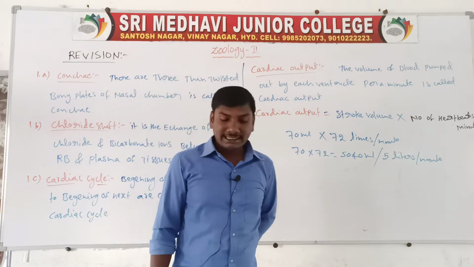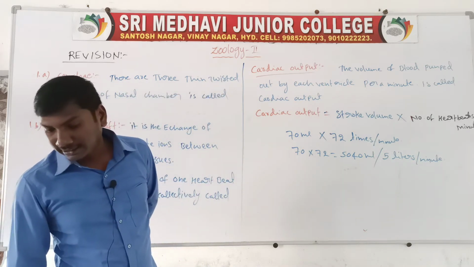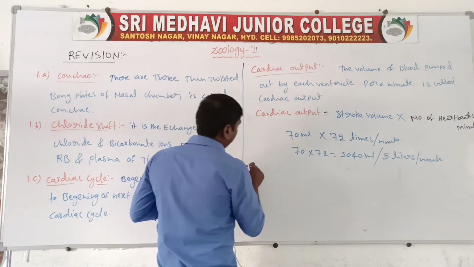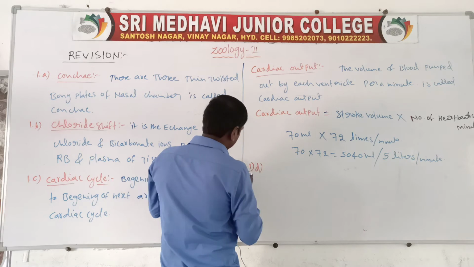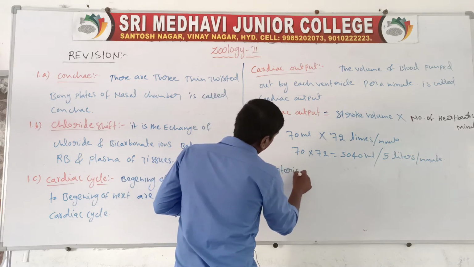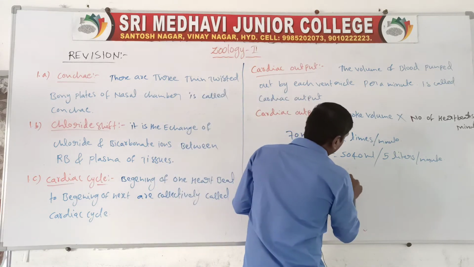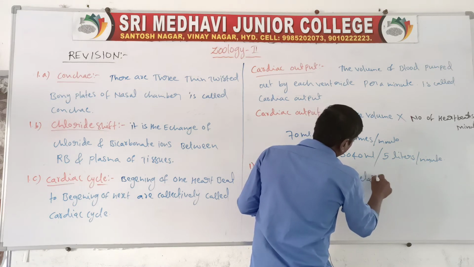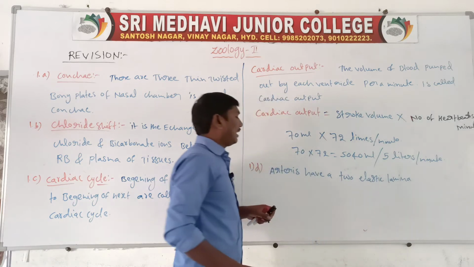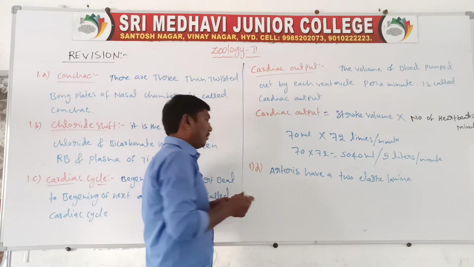Because arteries have two elastic laminae, whereas veins have only one elastic lamina.